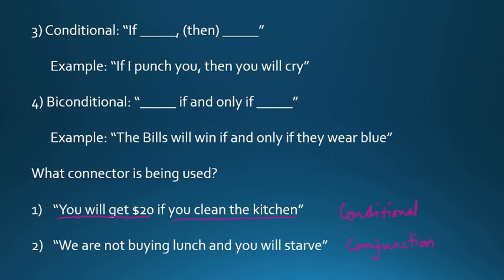Not the if and only if, just the if. And that's sort of your trigger word of, okay, conditional. And for the second one, hopefully you got a conjunction. We are not buying lunch, and you will not starve. Two separate ideas, two separate simple statements with the and in the middle.